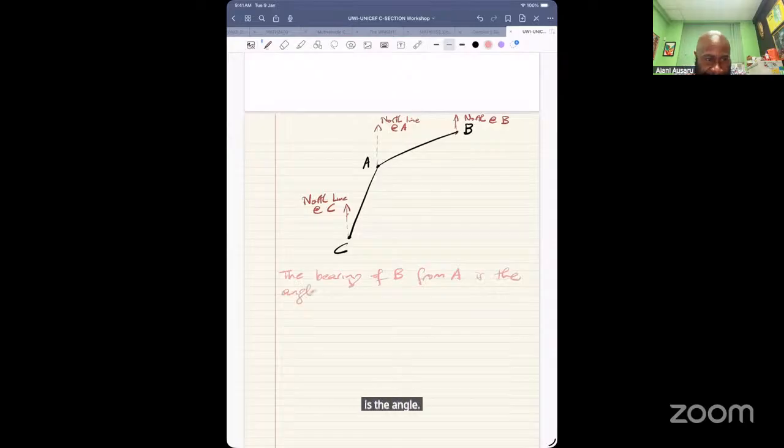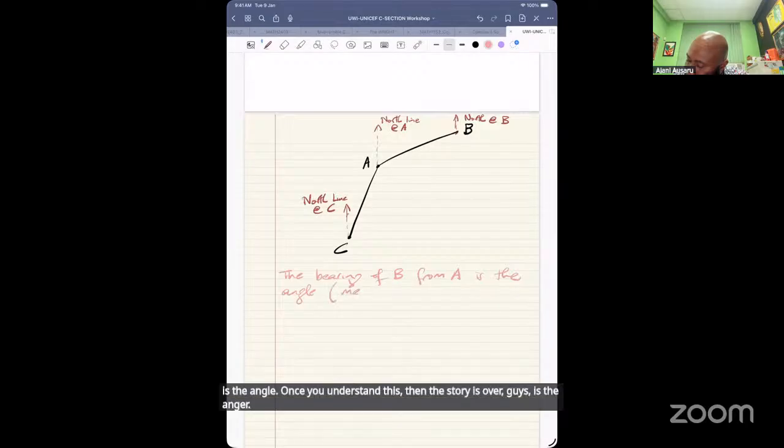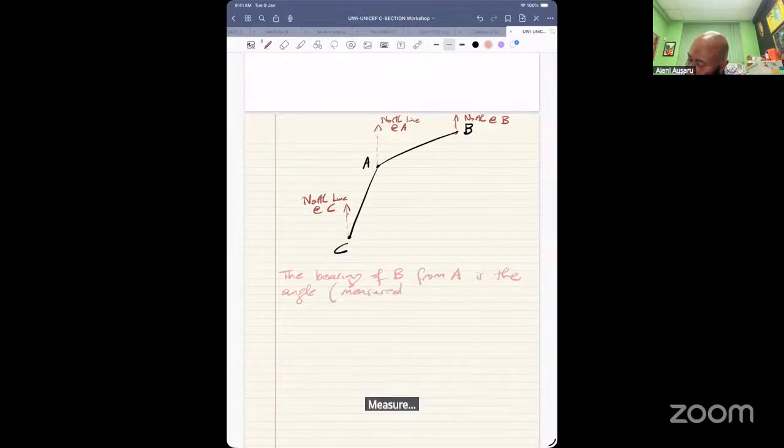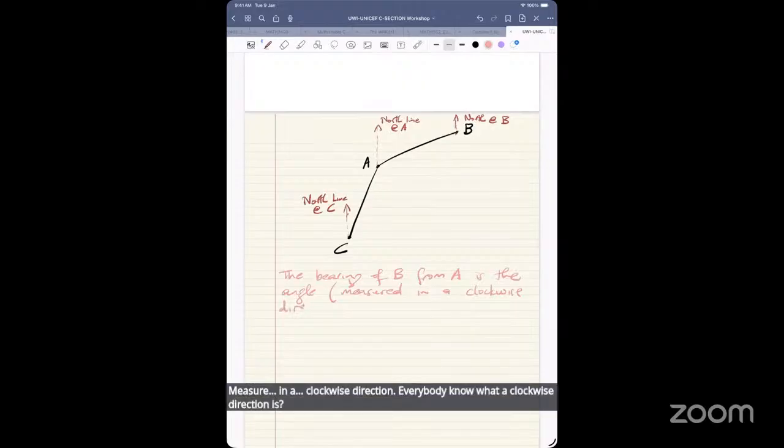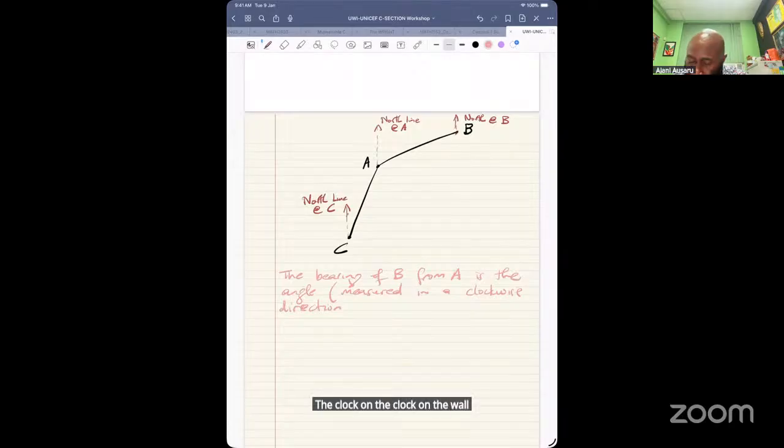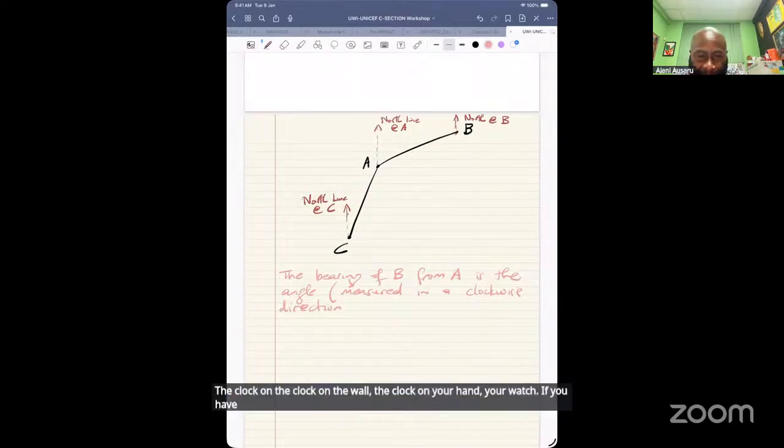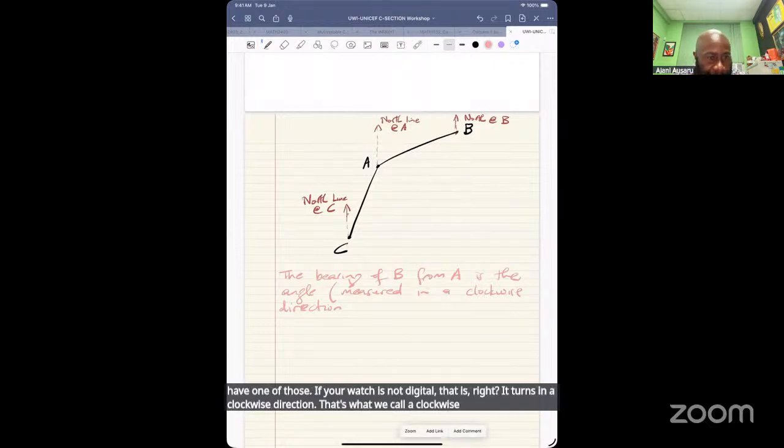Once you understand this, then the story is over, guys. It is the angle measured in a clockwise direction. Everybody knows what a clockwise direction is? Right, the clock on the wall, the clock on your hand, your watch, if it is not digital. It turns in a clockwise direction. That's what we call clockwise direction.